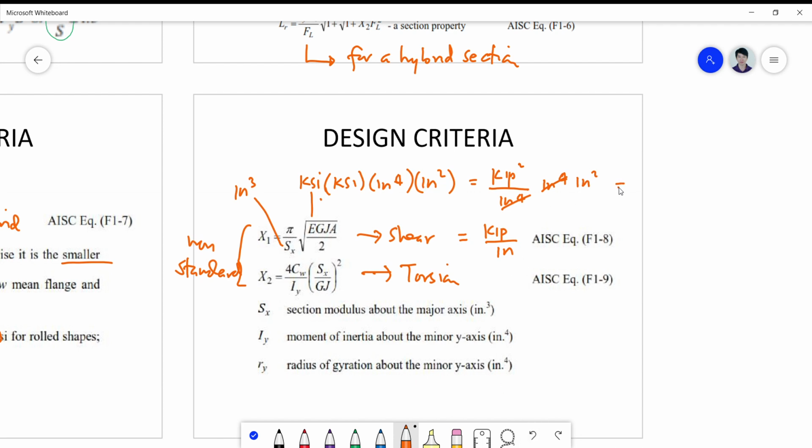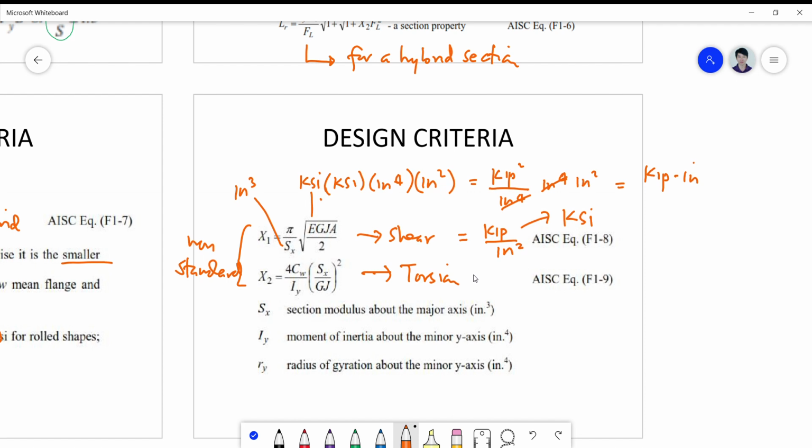If you take the square root, this is in kip inch. If I divide this by inch cube, so kip per inch squared. Or simply this is in KSI.